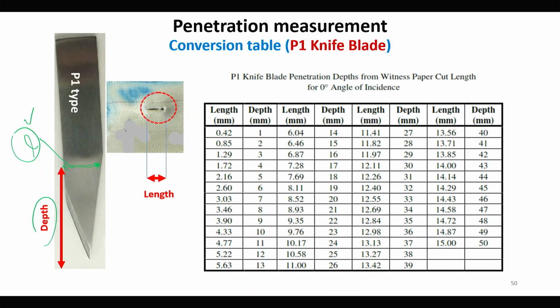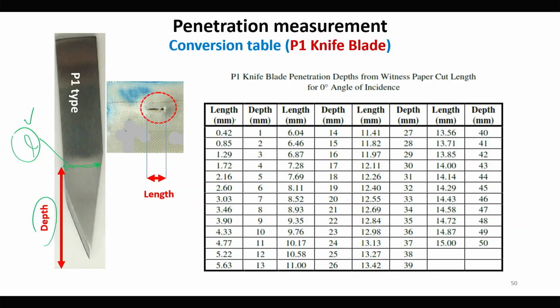This is the conversion table. The length of cut we get either from the stiff material which is not compressible. This picture is for the incompressible rigid material, a coated material where we can directly get the length. This length we can measure with the help of any scale, and accordingly for the P1 type we can get the depth of penetration.